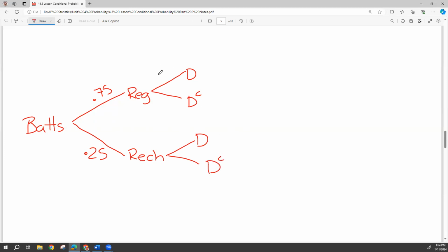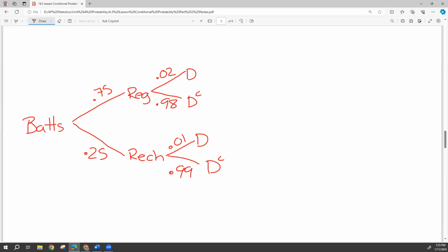So for our regular batteries, 2% are defective, making 98% working, 1% defective rechargeable, meaning 99% working. And then we can calculate the probabilities of each of these four options: a regular battery that doesn't work, a regular battery that does work, a rechargeable battery that doesn't work, a rechargeable battery that does work.